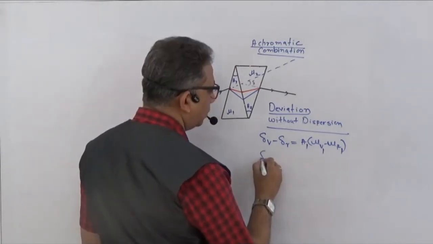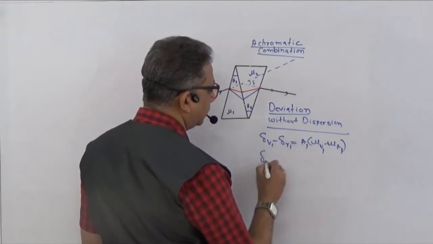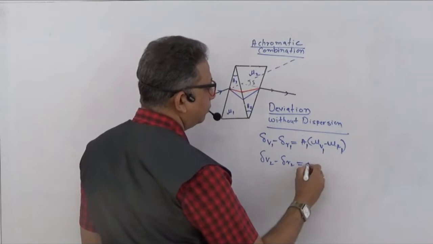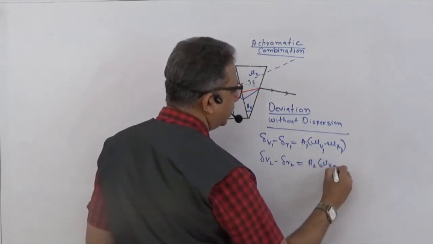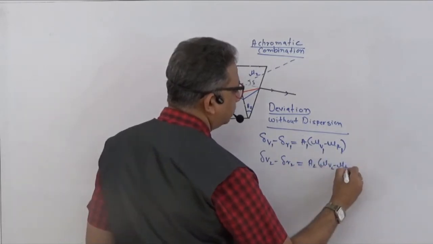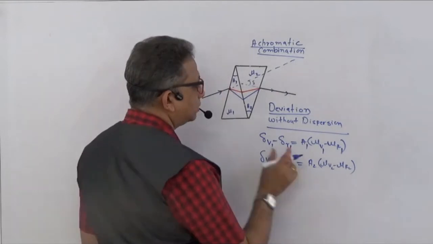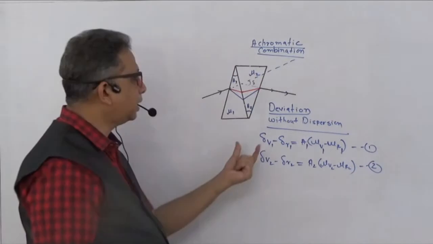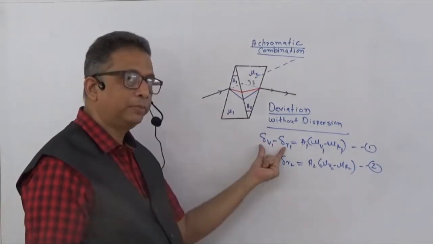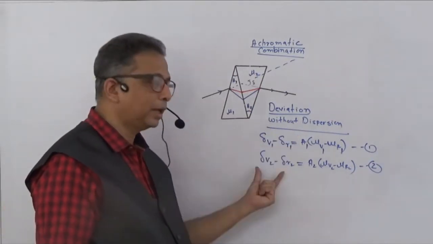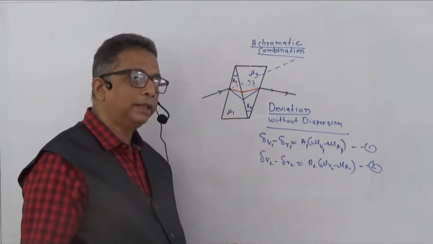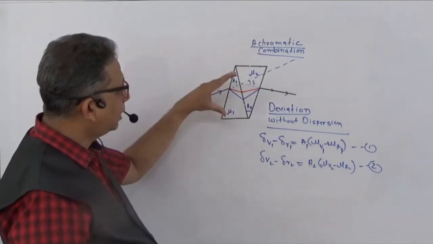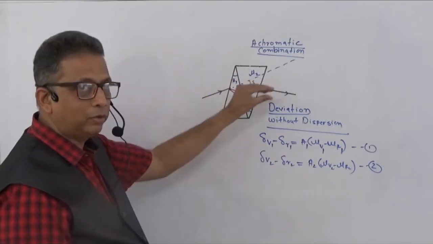So dV2 minus dR2 will be A2 times mu of V2 minus mu of R2, that is violet minus red. Now the angular dispersion of prism 1 has to be equal to the angular dispersion of prism 2, only then they diverge and later converge to the white ray.